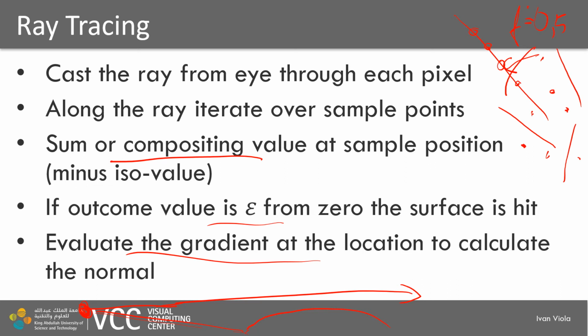So I know that there is no implicit object closer, and therefore my step can be, I can jump with my samples and evaluate directly here, because that's the distance along which, along the ray, there is for sure no implicit object. And this approach, with this kind of method of fast forwarding along the samples along the ray, is called sphere tracing.